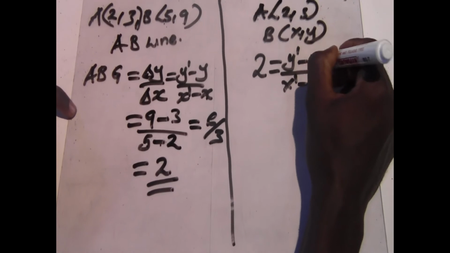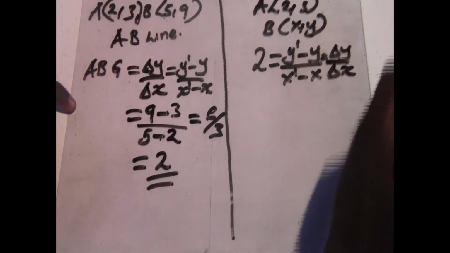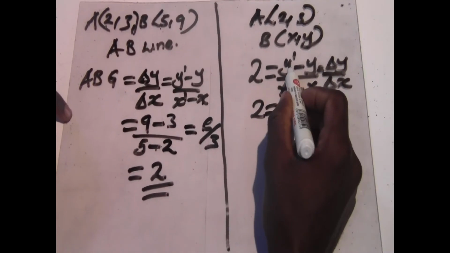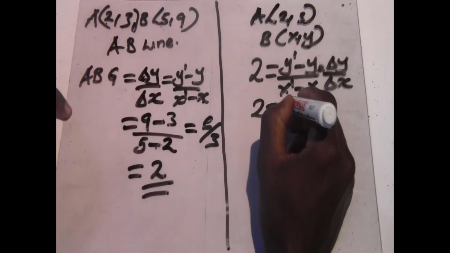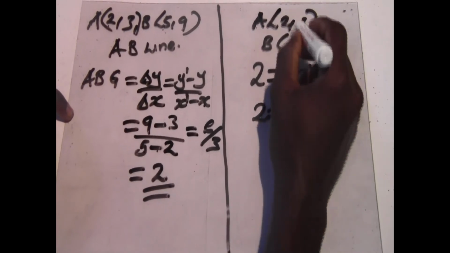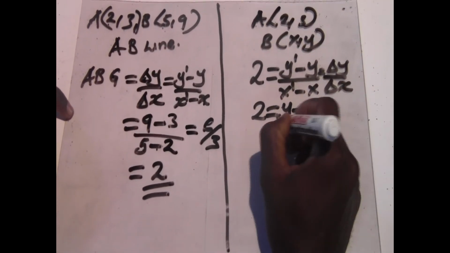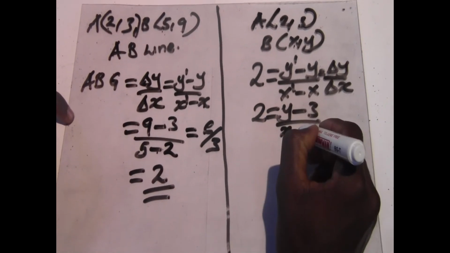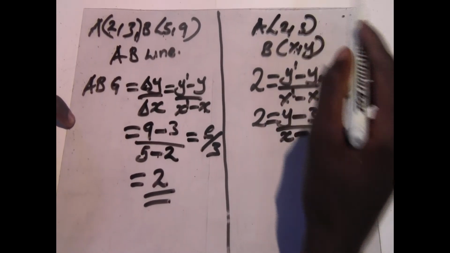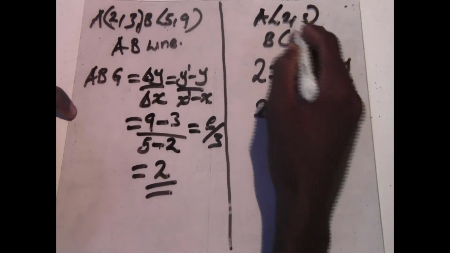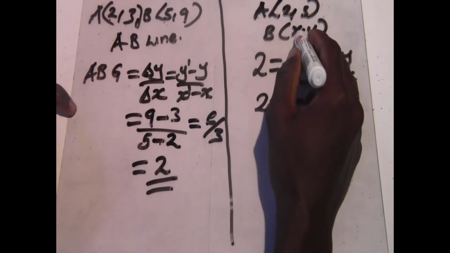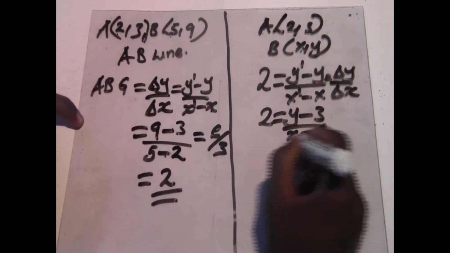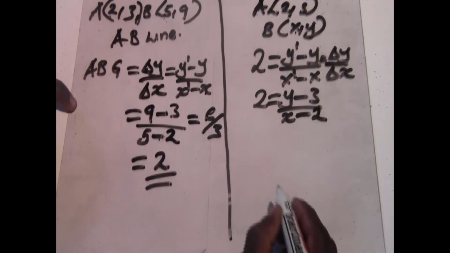It will be 2 is equals to y subtracted to our y here, it's 3, over x subtracted to our x here, it's 2. So this will give us 2 is equals to this equation.